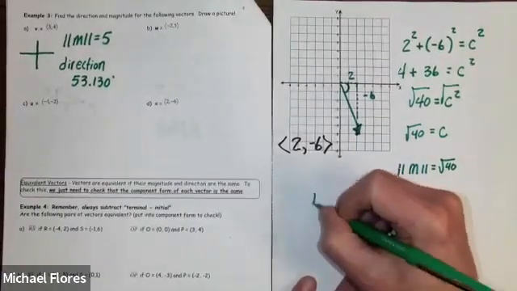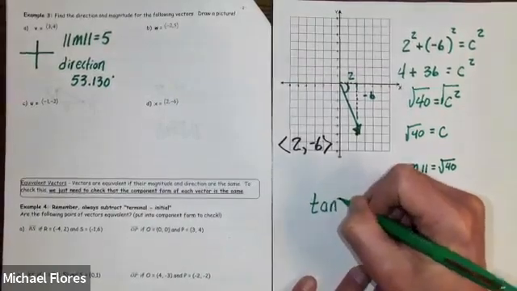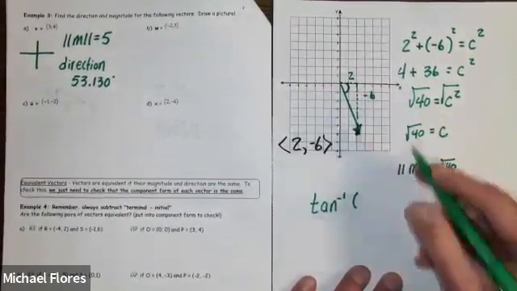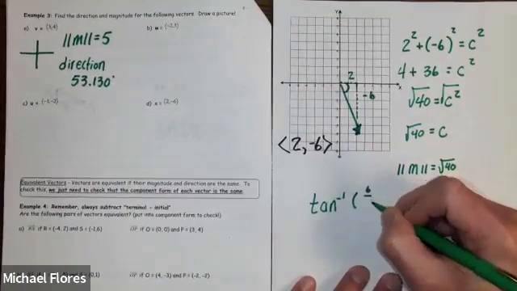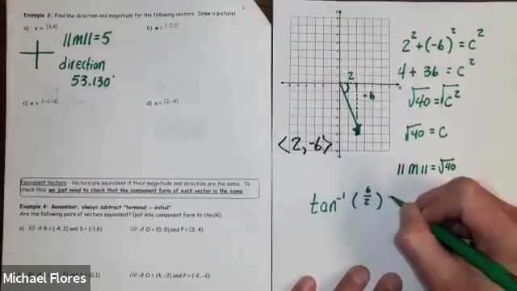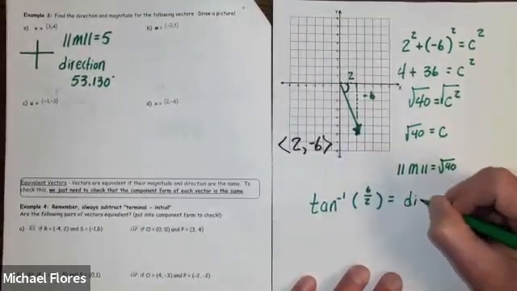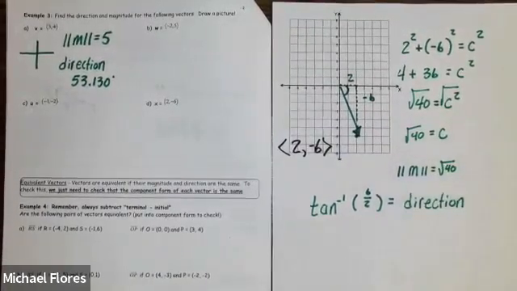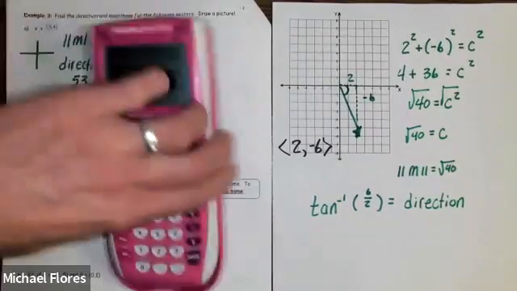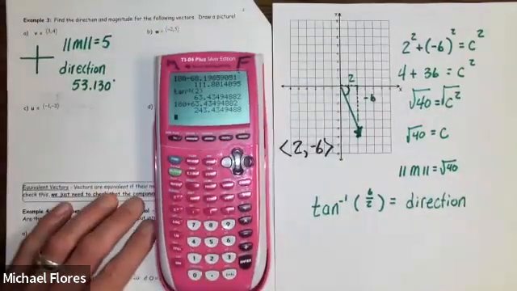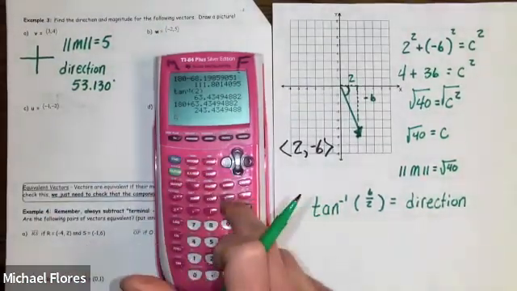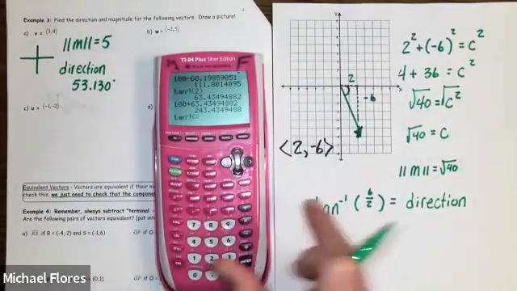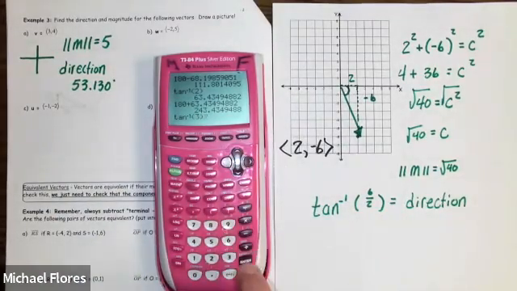Okay, let's find our direction. So inverse tangent. Opposite would be -6 or 6 over the adjacent, which is 2. We solve this, we get our direction. Actually, no, we don't. It helps us find our direction because we are not in quadrant 1. Okay, second tangent. 6 over 2 is 3.